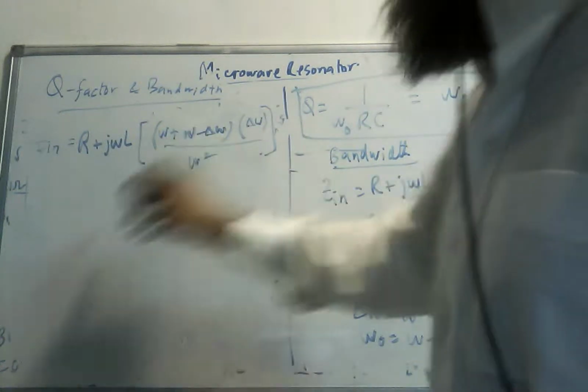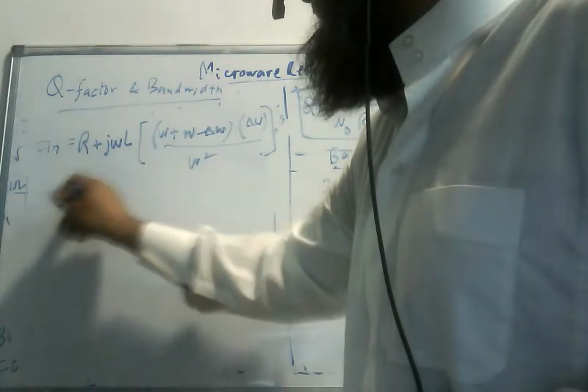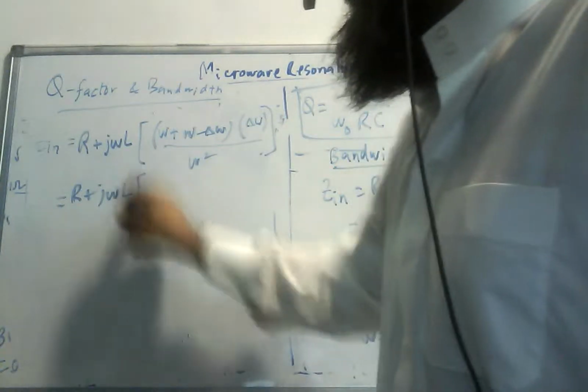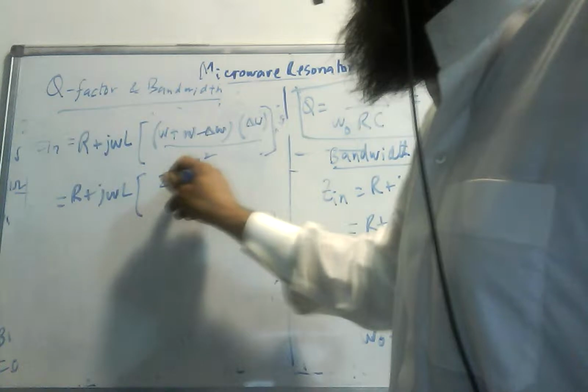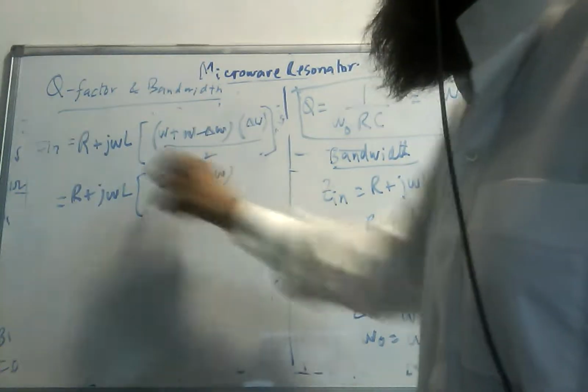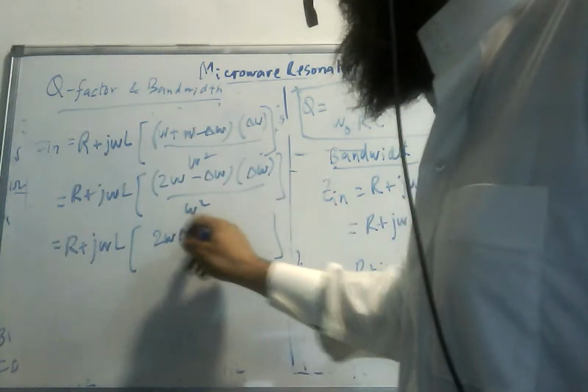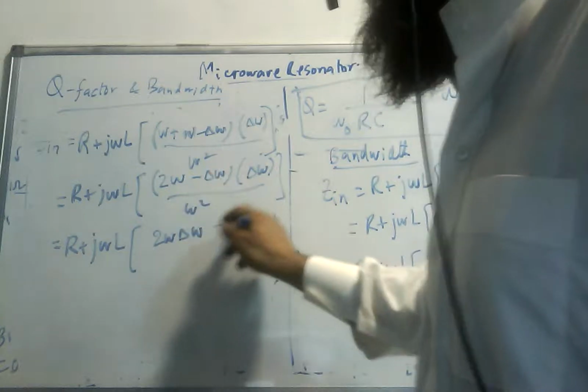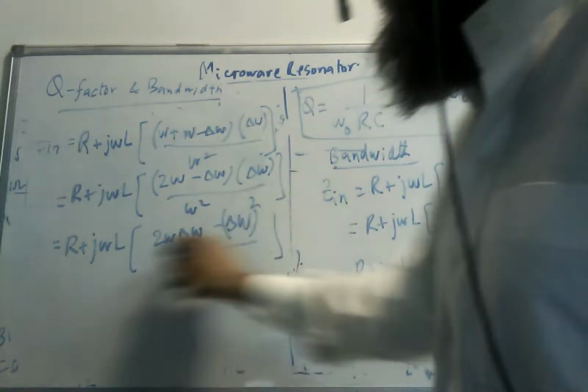So this is 2 omega. So this will be equal to R plus j omega L, 2 omega minus delta omega, multiply by delta omega, divided by omega square.